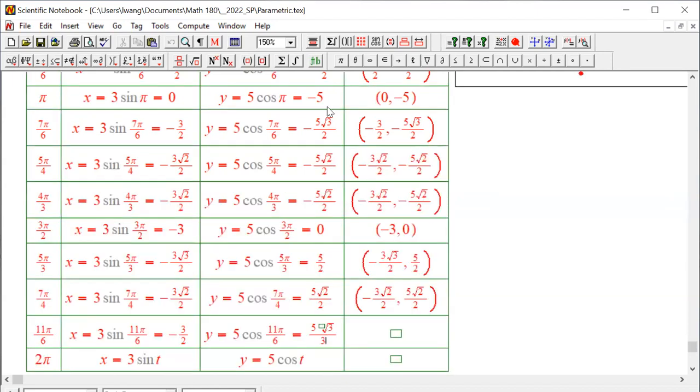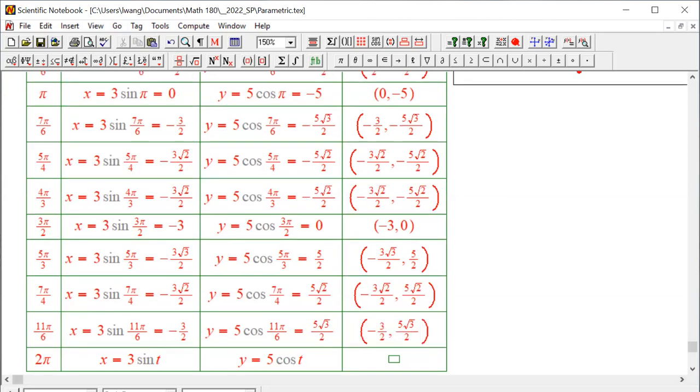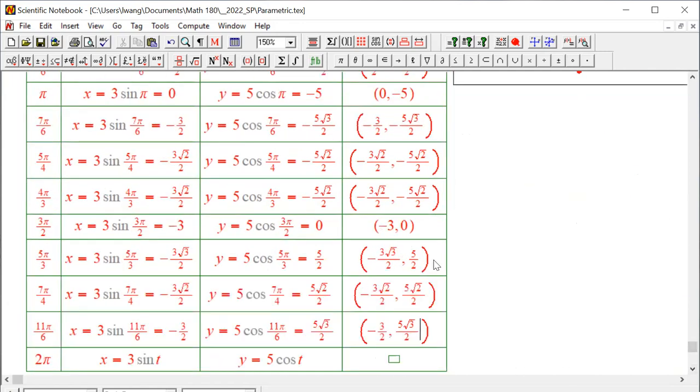We are almost there. Negative 3 half and 5 times root 3 over 2. So we have these 3 points to plot.